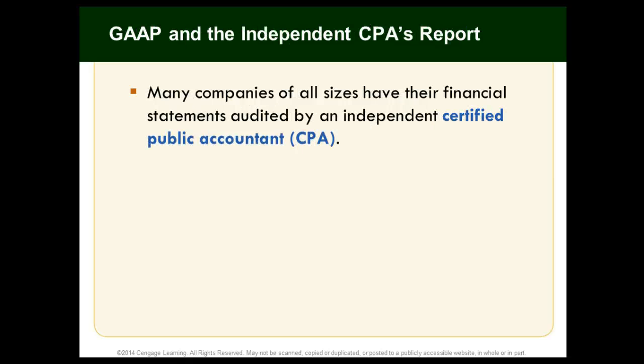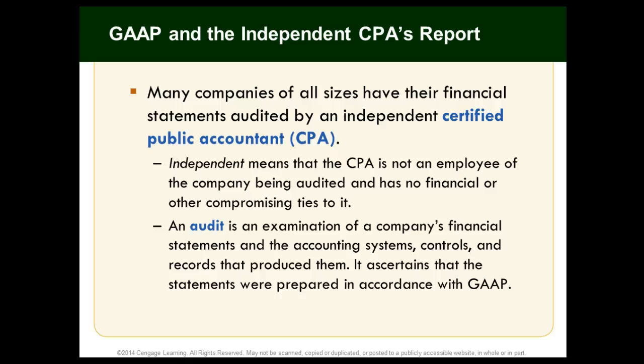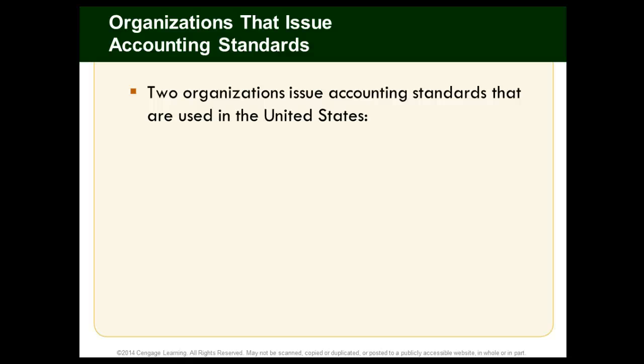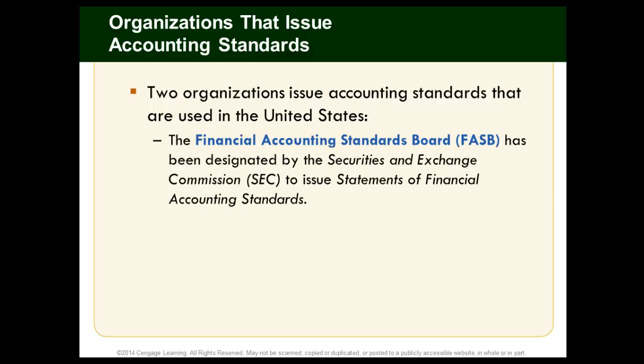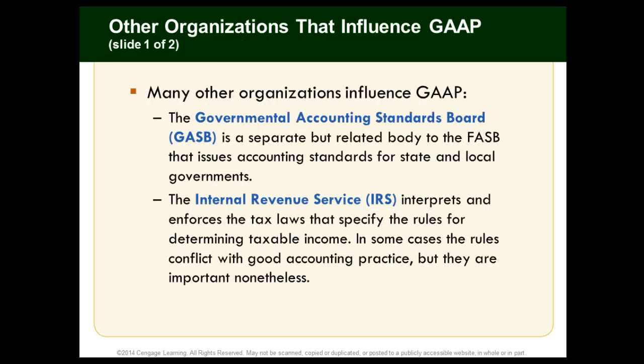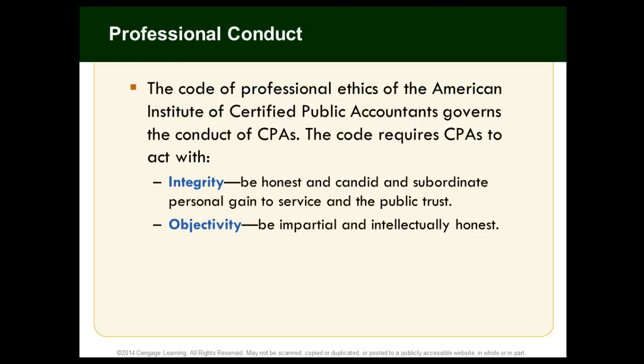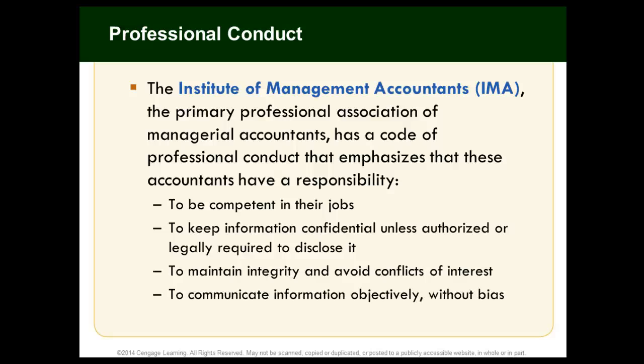So basically, the main thing to know is we have guidelines called Generally Accepted Accounting Principles. I'm not going to go into it, but know that FASB is a big organization that helps us to create those generally accepted accounting principles. That's really all I want to talk about. I don't want to get into all this right now.